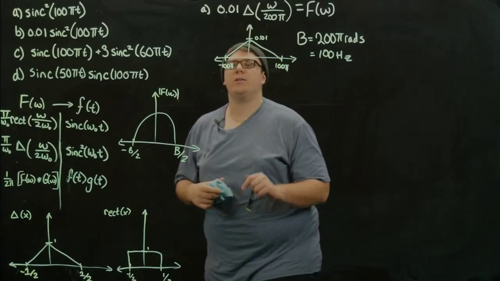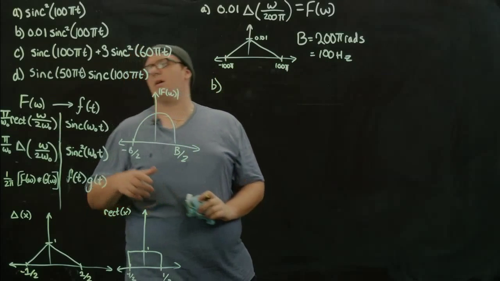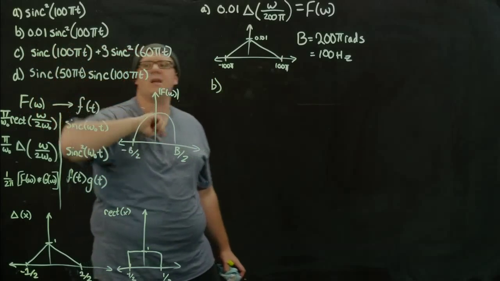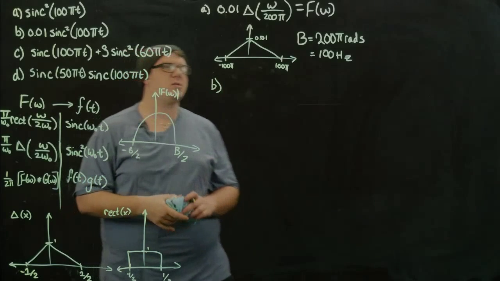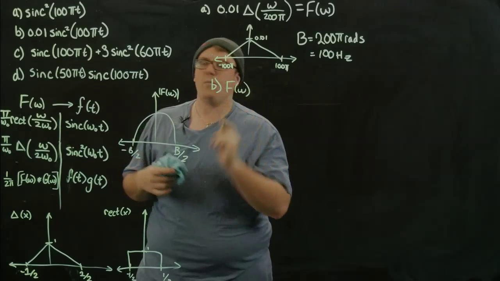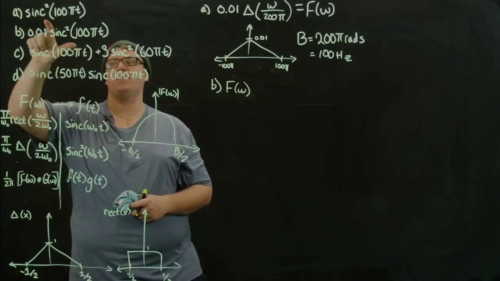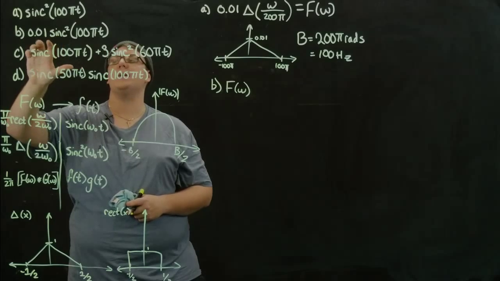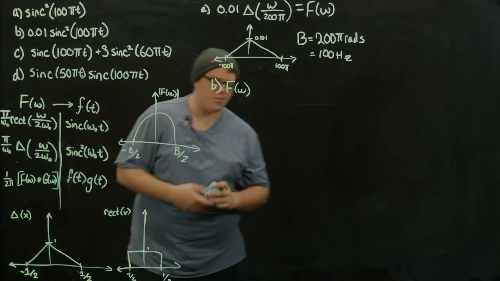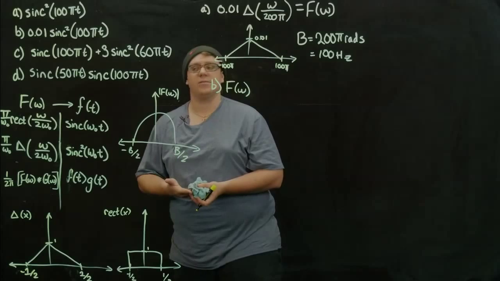Now we're going to move on to letter B, where letter B is 0.001 sinc squared of 100 pi t. We want to find the Fourier transform of this, F of omega. We've already done this because sinc squared of 100 pi t is in both of these, and the only difference in B is that we're multiplying by some constant value. The Fourier transform is an integral, and we know that constants are pulled out of integrals.